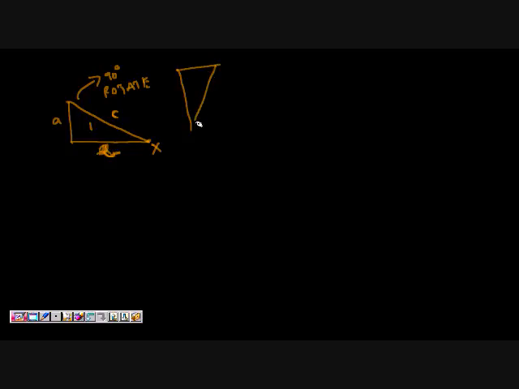It's the same triangle, but just rotated on point X. Let's call this triangle 2. This is your base, this is your height, and this is your hypotenuse. So this is the 90 degrees.